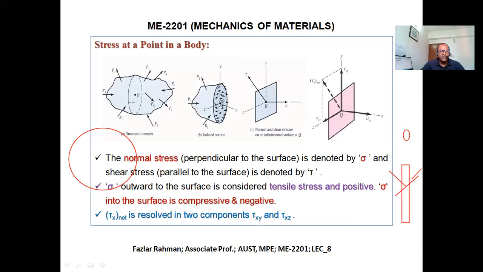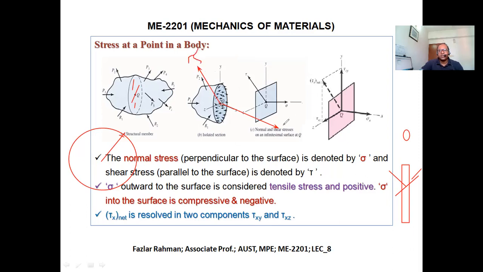So if I cut it right over here, one normal force will work perpendicular to my screen, and shear force will work along this direction. That is shown over here. That means along the x direction there will be a normal force, sigma, and in any direction there will be one tau.